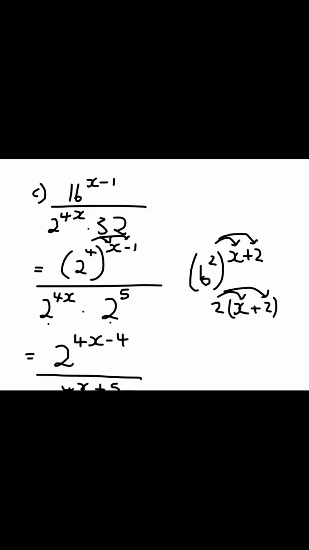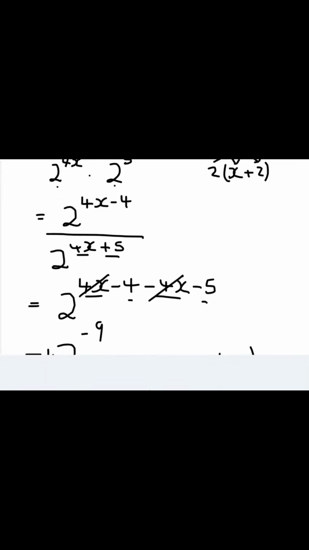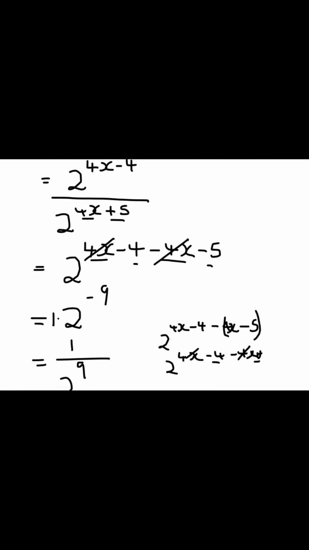Where you see x, you put 2. Then at the bottom it will be 2 to the exponent of 4 into 2, because where I see x, I put 2. Then that multiplies by 32. When I say it's equal to, it must give me that final answer being 1 over 512. Yes, it does. So that means what I've done is correct.